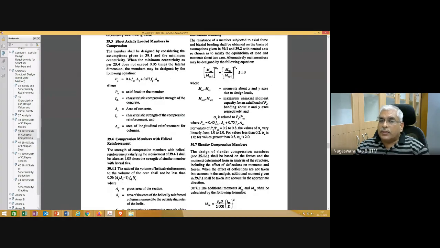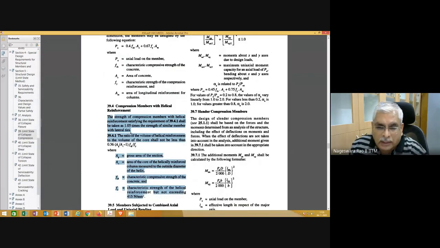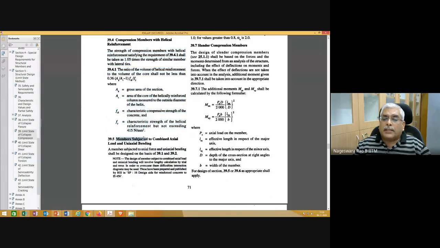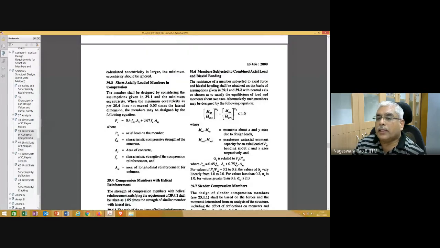And this section is for when you adopt lateral ties and when you adopt helical or spiral reinforcement, compression members with helical reinforcement. This section gives the details about that. And members subjected to combined axial and uniaxial bending are given under this.